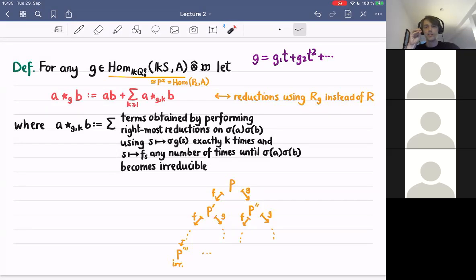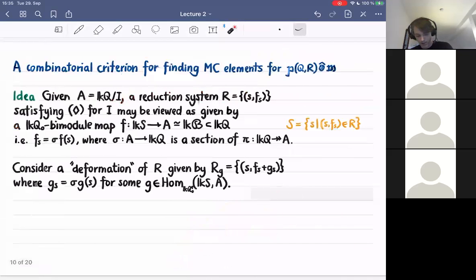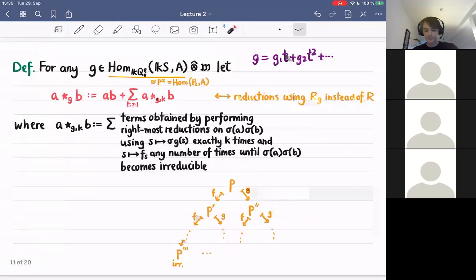And then at each step you get a sum. You can start with a path P, for example, and performing one reduction means you use F or G. You replace S here either by Fs or by Gs, and then you take the sum.